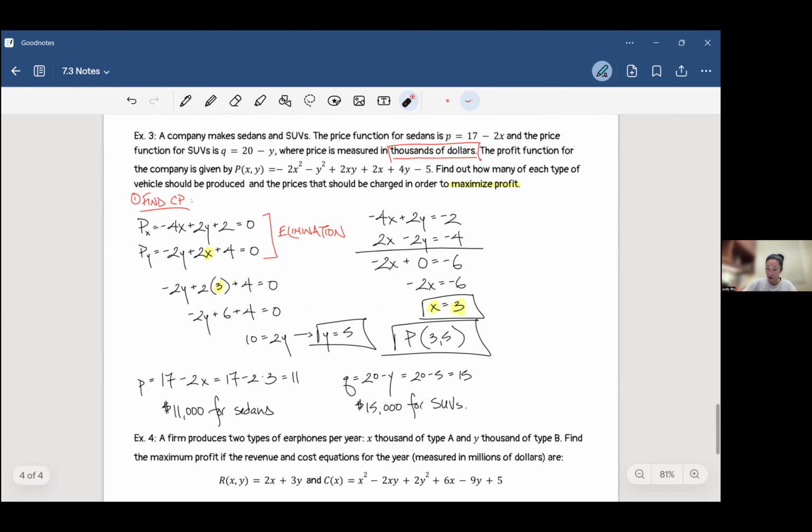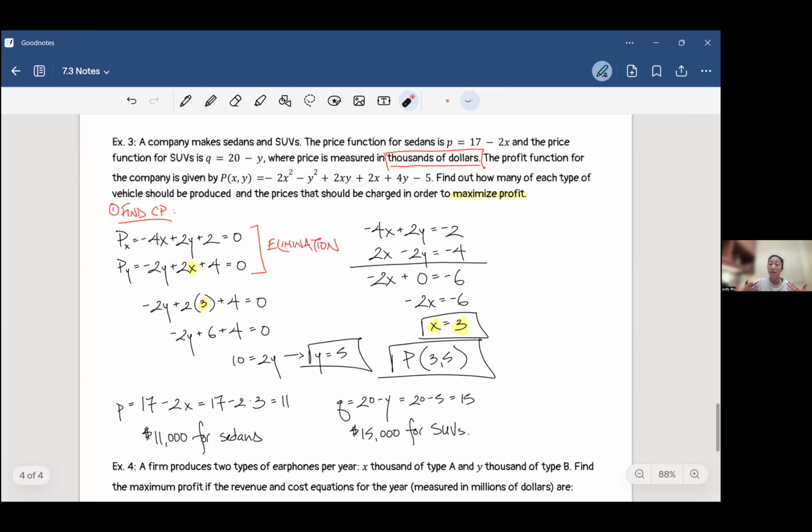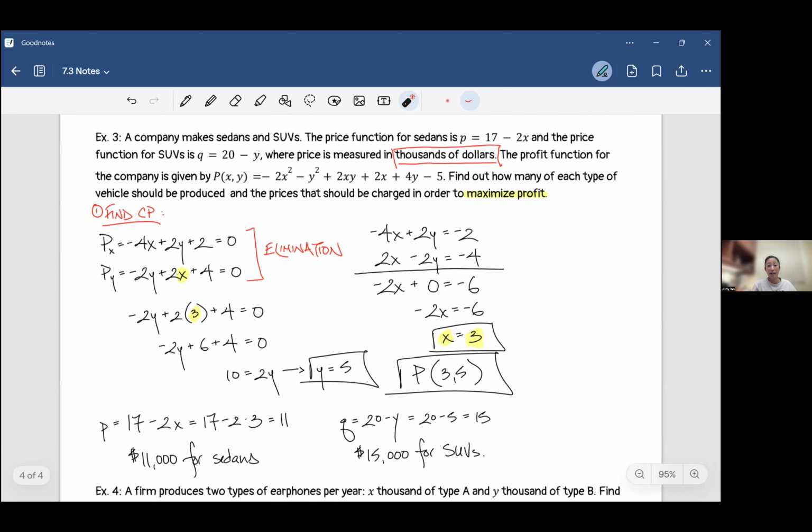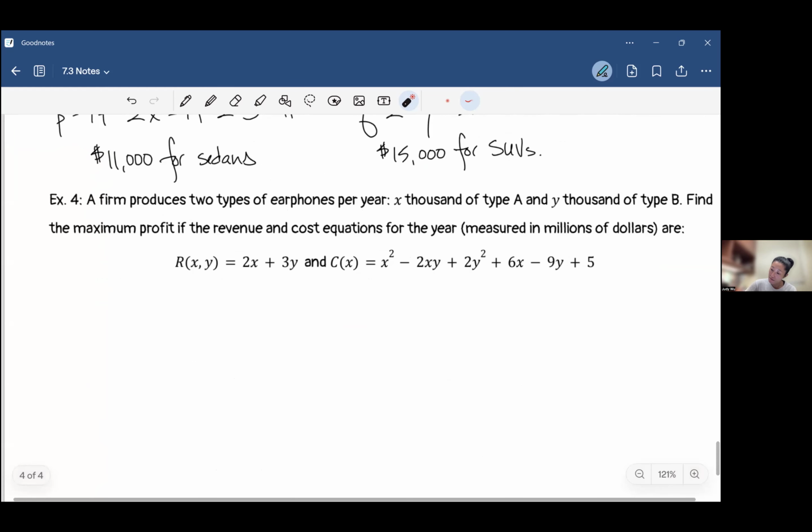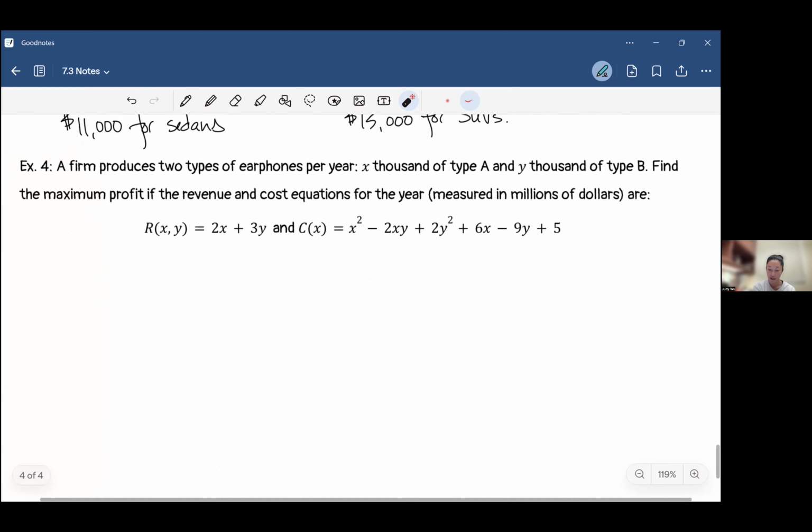So this is an example of when we would want to use this in real life. But let's take a look at another example. Profit is important, but sometimes revenue and cost contribute to that as well. So, second question.